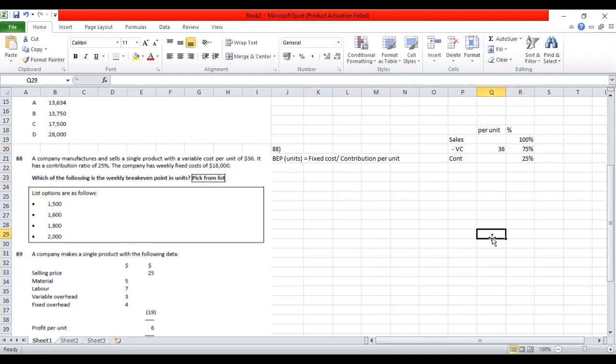If 75% represents 36, what is 100%? What is 25%? So that can be calculated. So check that. If 75% is 36, 100% is what? So 100 into 36 by 75.